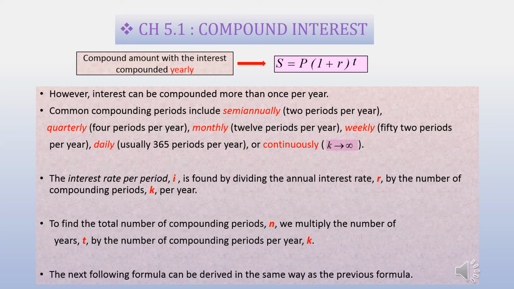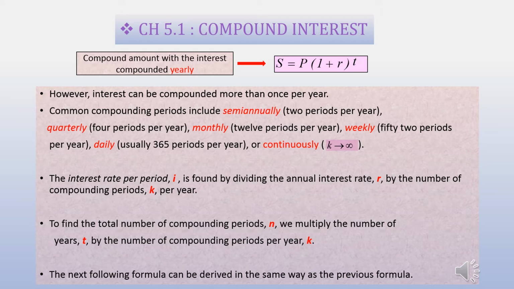Since the interest rate per year is R, it means the interest rate per period will be a different number. So if we change the symbol R to I, which is the interest rate per period, then I is equal to R over K. Now T, the number of years, is no longer used, because now it becomes the number of compounding periods.